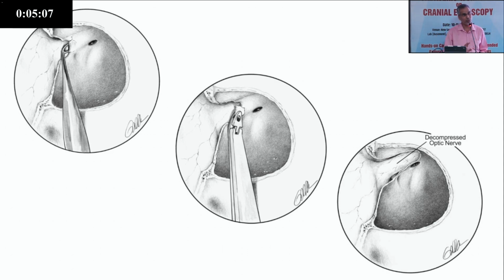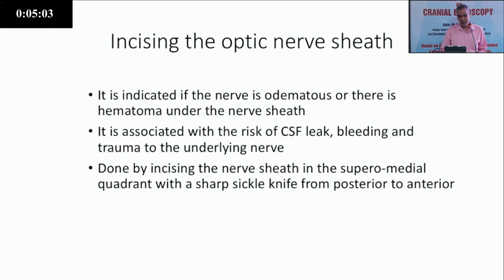So as long as the mucosa is intact, you are safe. Incising the optic nerve sheath: if you are suspecting a hematoma, then you can incise. The incision has to be done in the superior and medial aspect. Don't incise inferiorly, because there lies the ophthalmic artery.